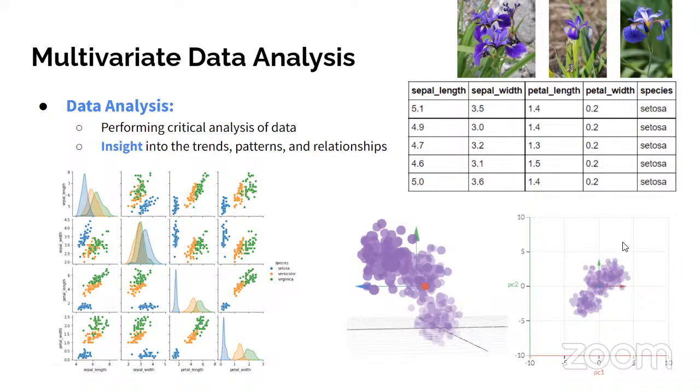So what you can try to visualize here is how discriminative the features are. Discriminative is how well the classes are separated using only these two features.